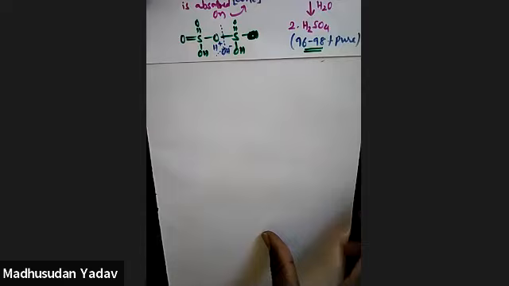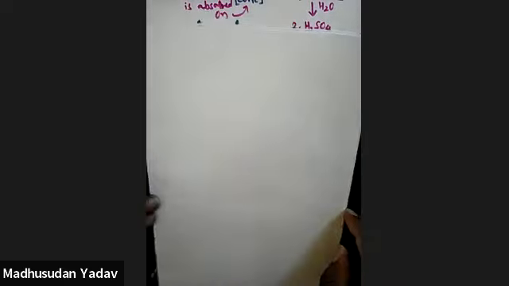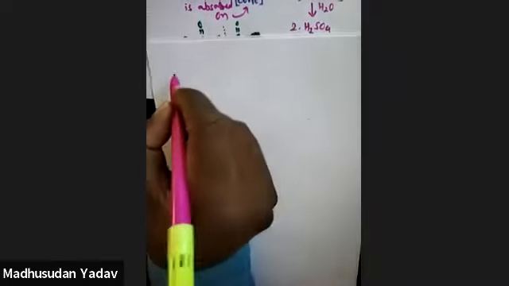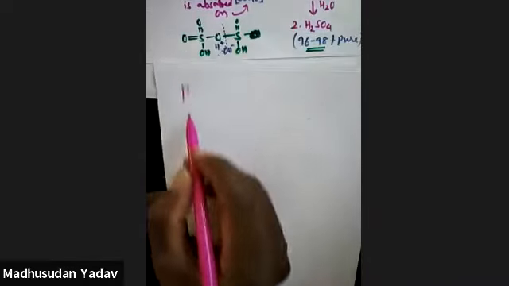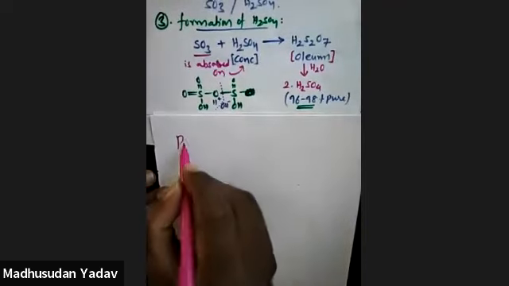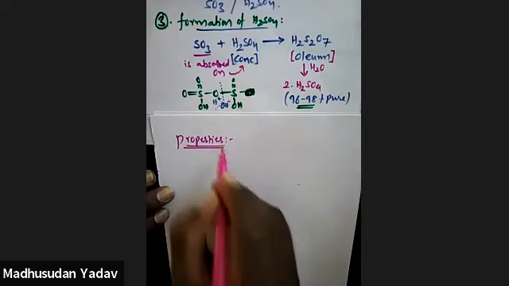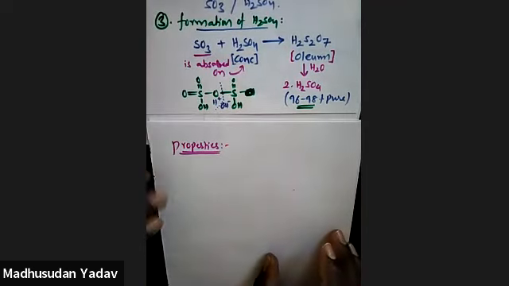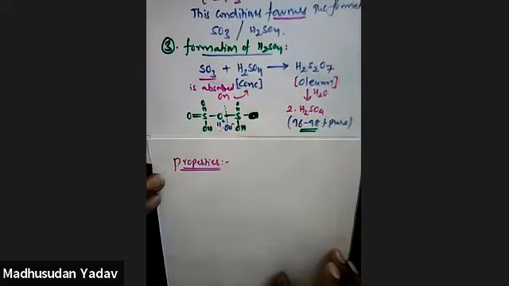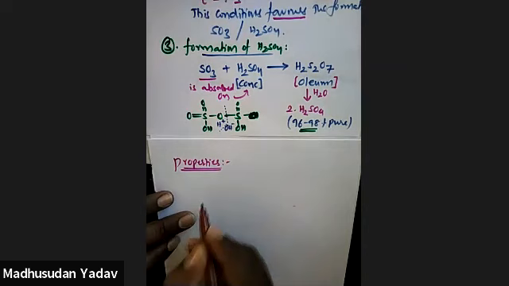Okay, we'll move to its properties now. Let's talk about its properties. First of all, sulfuric acid is a colorless liquid.